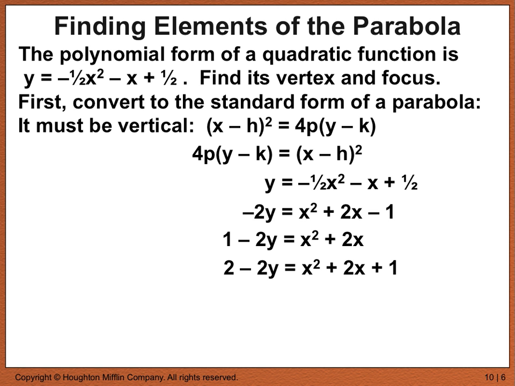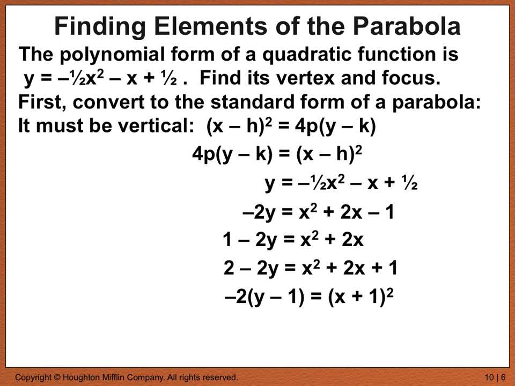And what that allows us to do is to write the right-hand side of the equation as a binomial squared. And so that would just be x plus 1 squared. On the left, I just distributed, or rather factored out the negative 2, and so I have negative 2 times y minus 1. And then on the right, I simply wrote x squared plus 2x plus 1 as x plus 1 squared.